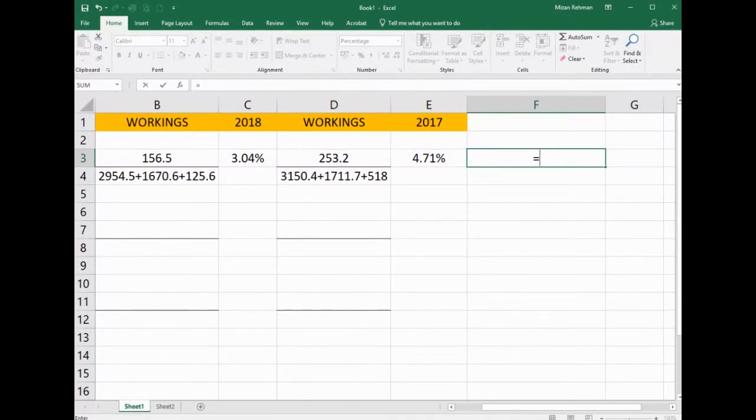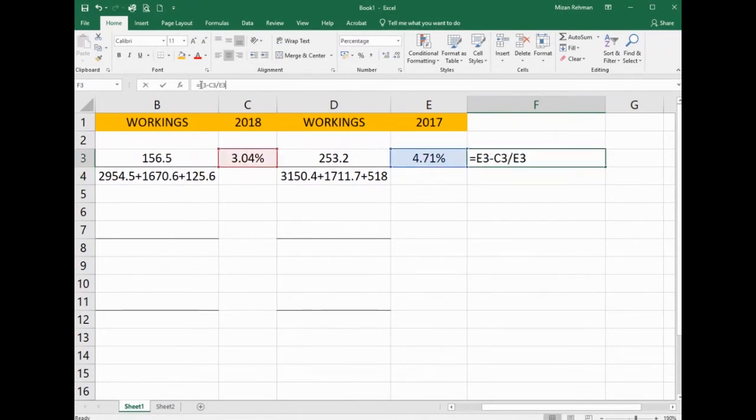I'll pick my base. Base is always the earliest year. Then minus the base, divided by base, press enter, and you get this really crazy number.